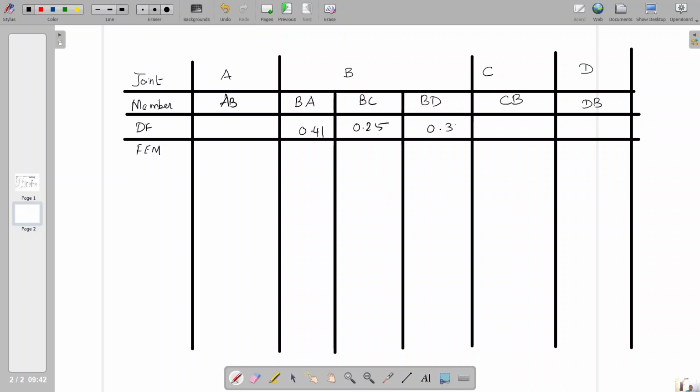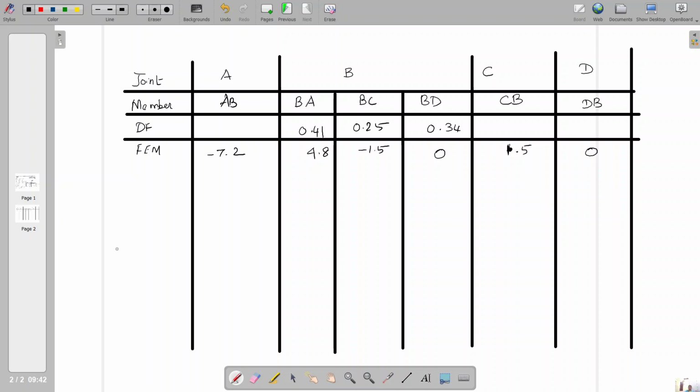BD it is 0.34. The fixed end moment values: AB minus 7.2, BA 4.8, and BC minus 1.5. BD there is no load, so it is 0, and CB is plus 1.5. So you have to take more care while writing the fixed end moment values. You check for the correctness. DB also there is no load, so it is 0.